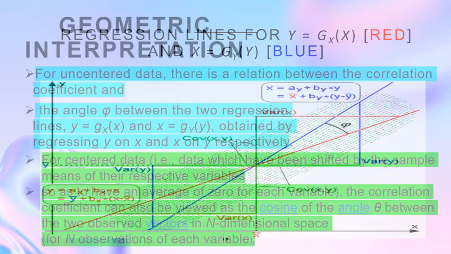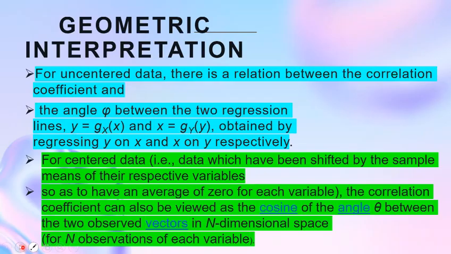This is the line which we have discussed. Now, what is the geometric interpretation which we are concerned with? For all of the uncentered data, there is a relation between the correlation coefficient and the angle sigma between the two regression lines. Regression lines are basically the same lines which we have discussed in blue and red, where y equals gx and x equals gy times y, obtained by regressing y on x and x on y respectively.